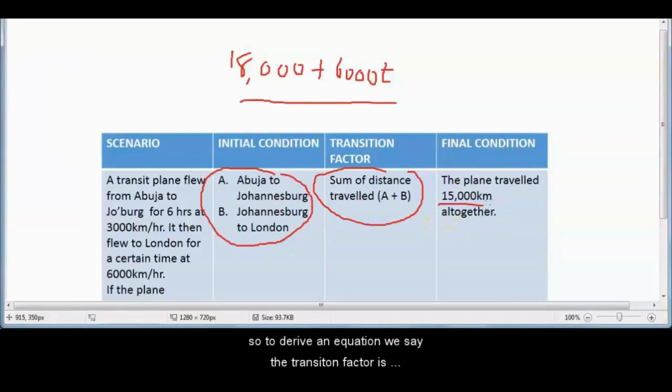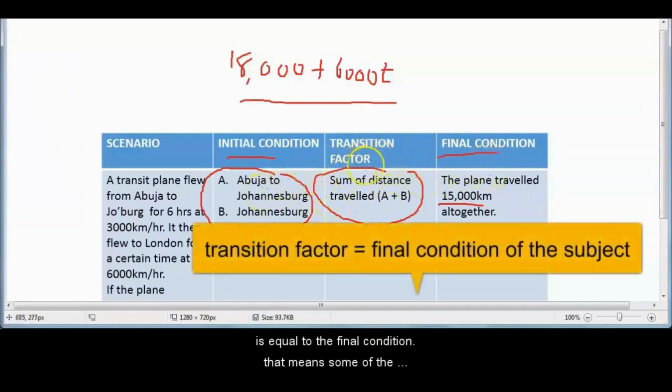So to derive an equation, we say the transition factor is equal to the final condition. Once again, the initial condition cannot be equal to the final condition. Something must happen to it to change it to the final condition.